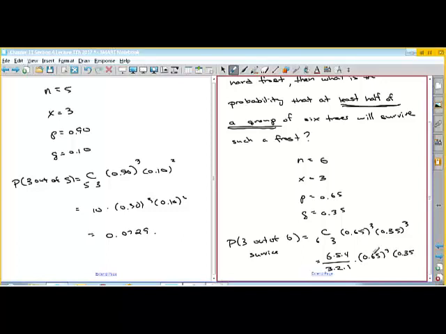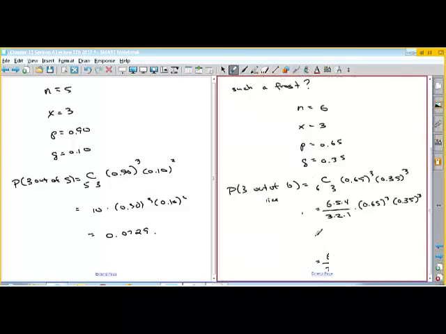And so we plug that in there. And let's see what we get. So this number is what? 30 times 4, which is 120. 120 divided by 6, which would be 20. So it's 20 times 0.65 cubed, 0.35 cubed.